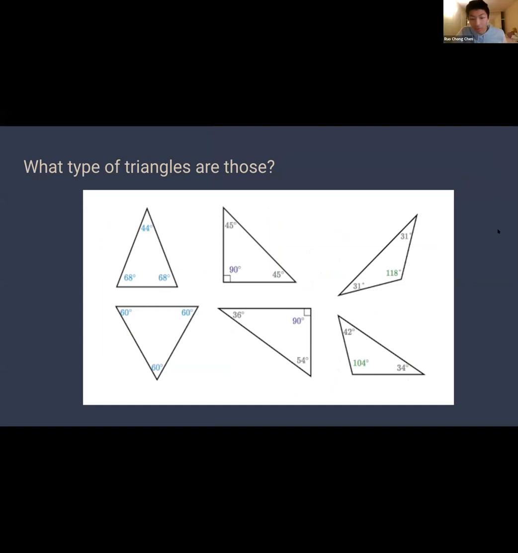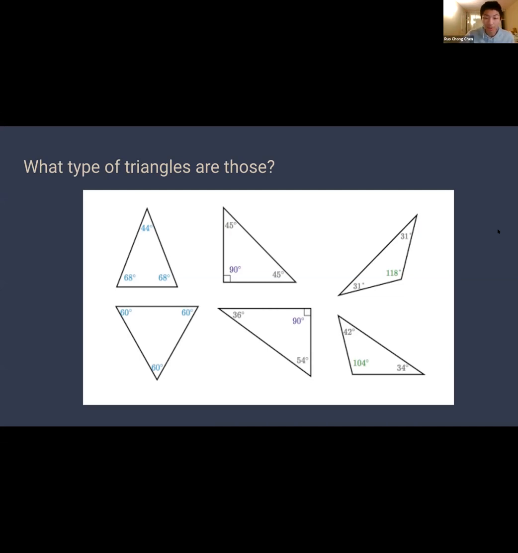So for the first one, which has 44 degree and 68 degree angles, this triangle has 2 angles that have the same degrees.